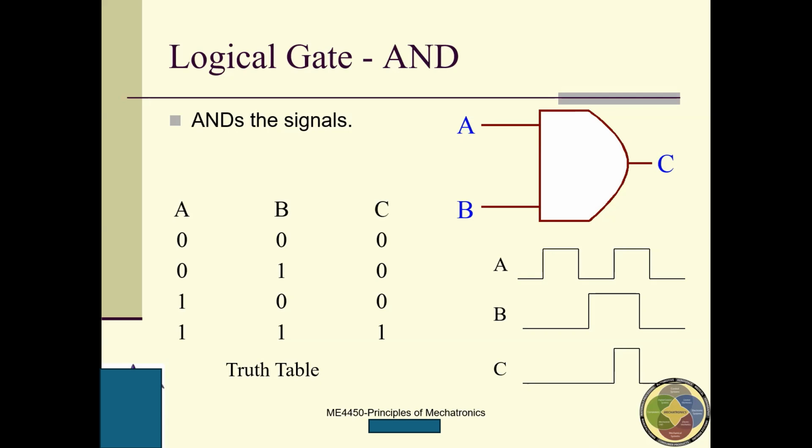And the output can only be 1 if and only if all the inputs are 1. Right, so this is called the AND gate. And we have the truth table, and we also have the timing diagram. And C equals A dot B.